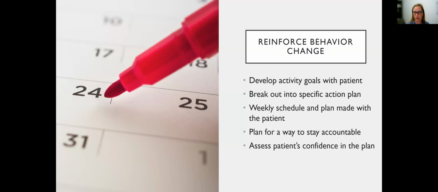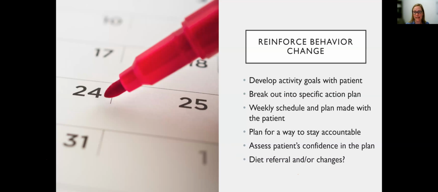So asking questions there. And then once you've made the plan, how confident do they feel in their ability to do this? So if the plan doesn't feel very doable, that's going to affect their adherence as well. And maybe you need to go back and modify a few things or add things in.